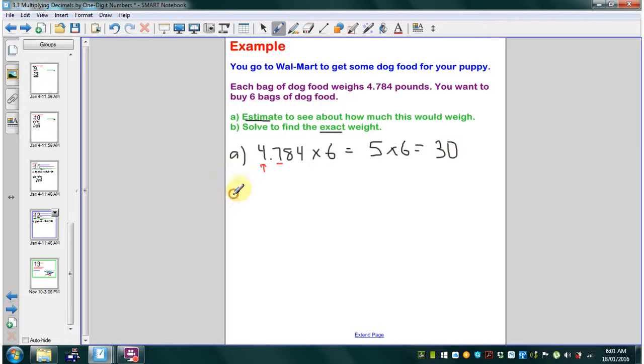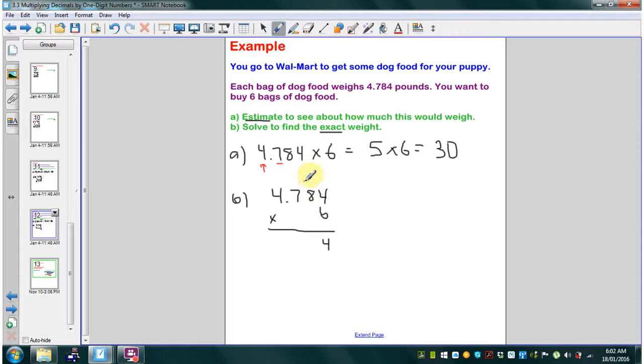Now for part B, we're going to see how close that guess is. We're going to find the exact weight. So I'm going to write it in column method. 4.784 times 6. So 4 times 6 is 24.